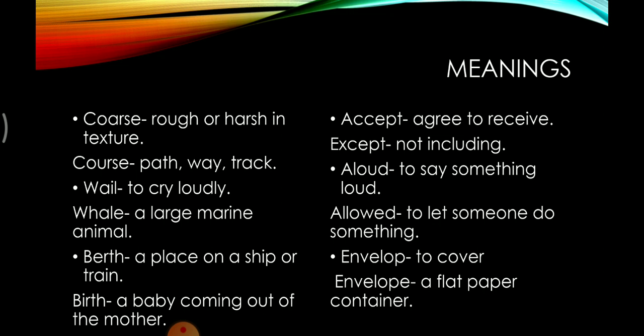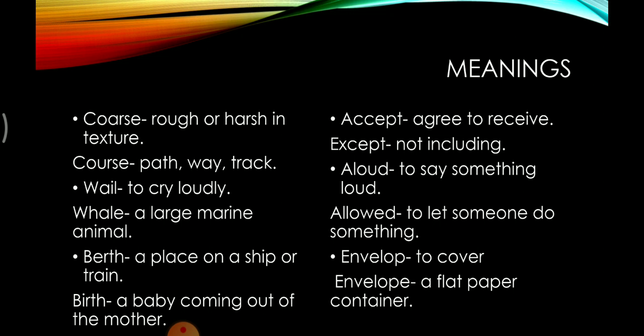I have done half of your job. I have jotted down the meanings of the words. So you will have to learn these meanings and then frame the sentences on your own. Okay? So note down the meanings or take a screenshot.